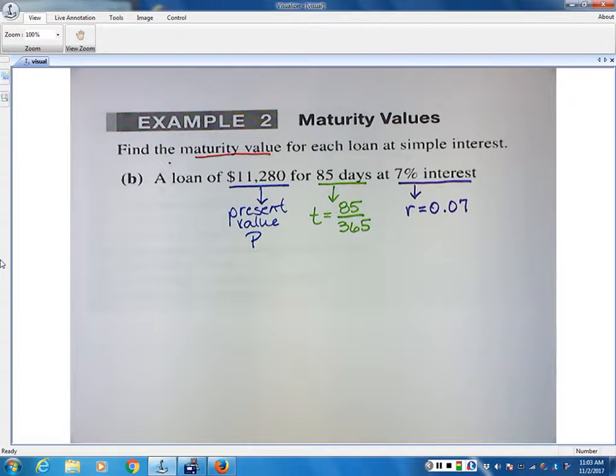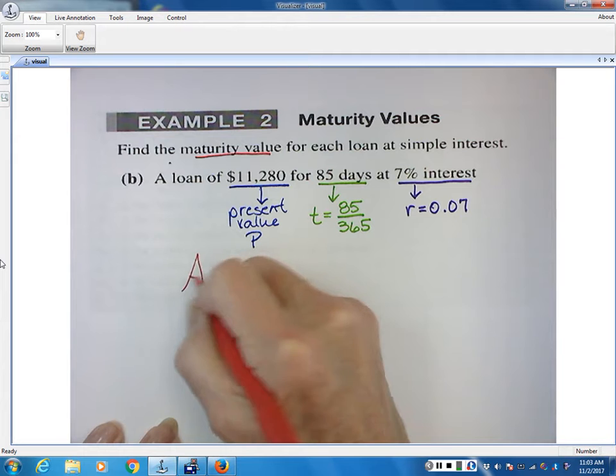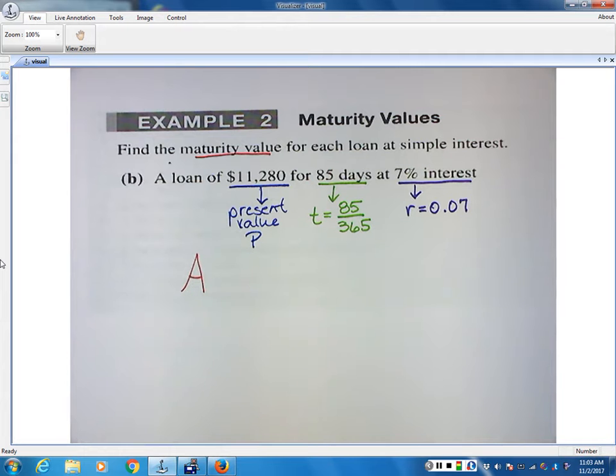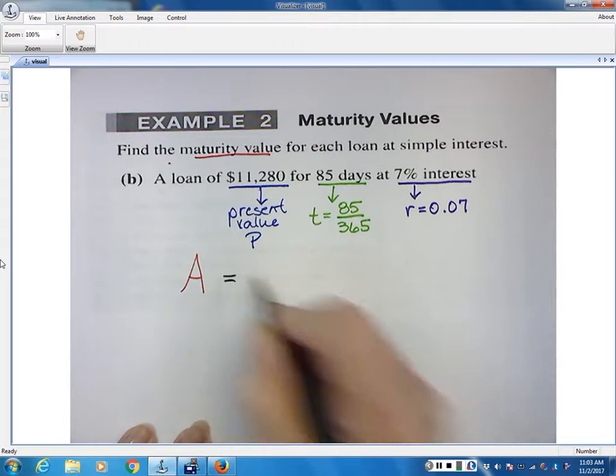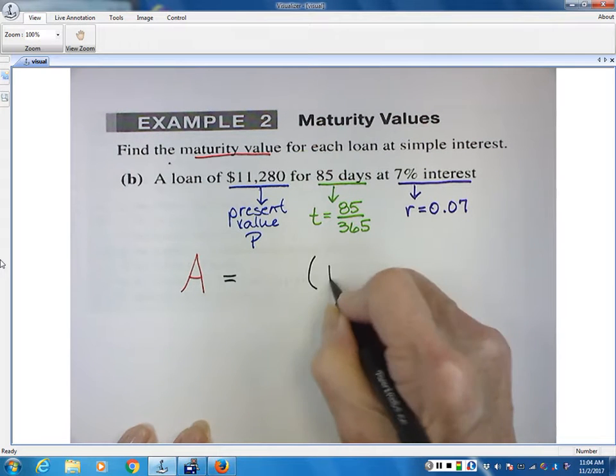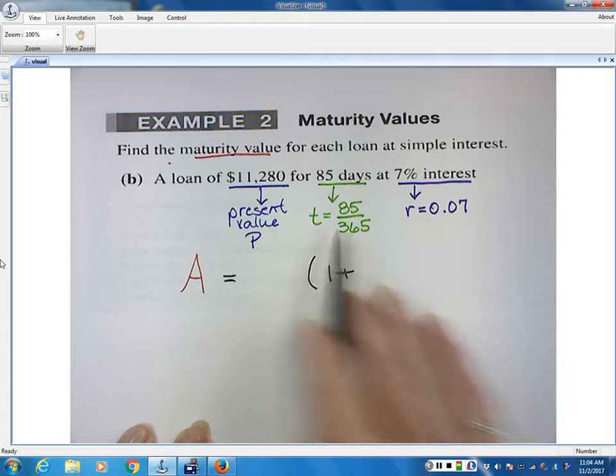So when we get ready to find the maturity value, we just use that formula one more time. That's going to be your principal times 1 plus the interest rate times the time.